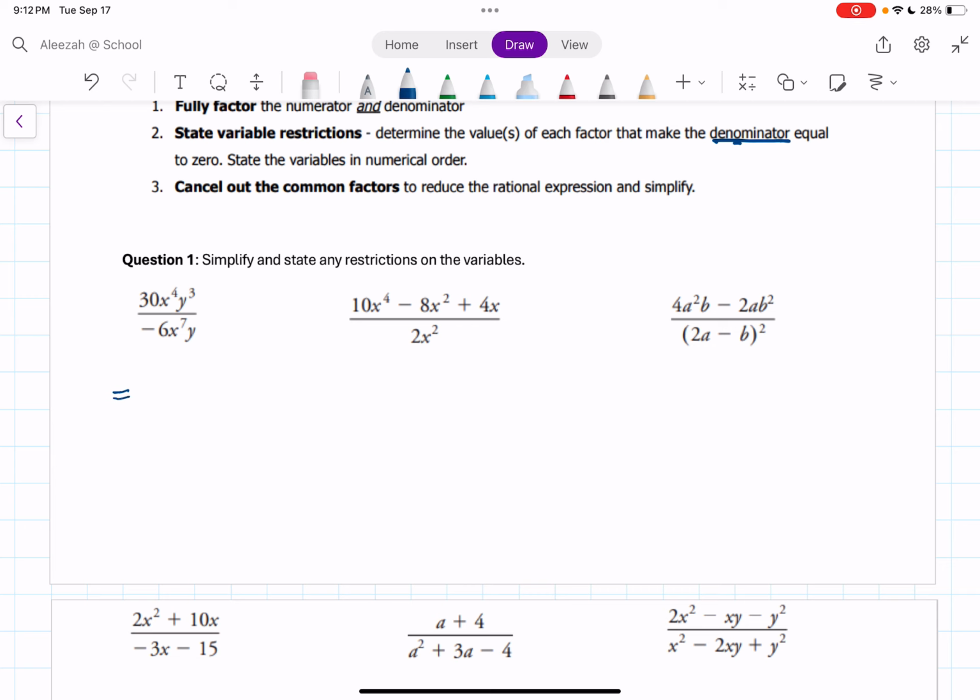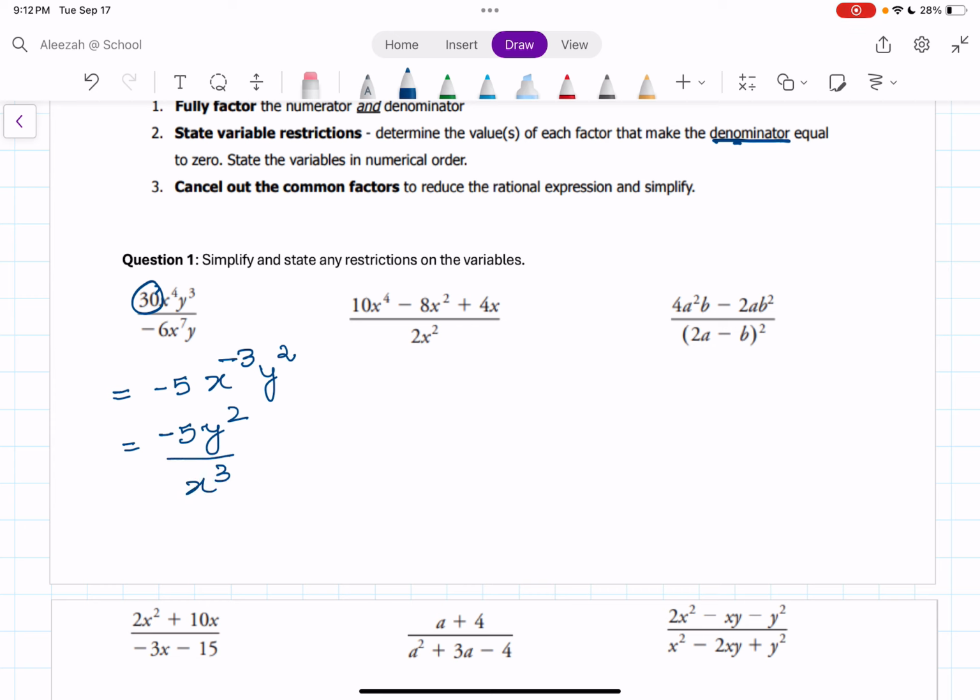So what we will do here is just look at the numbers, 30 and minus 6. 30 divided by minus 6 is minus 5, x4 divided by x7 is x to the minus 3, and y3 divided by y1 is y2. And you know that we cannot have a negative exponent in our final answer, so we will write it as minus 5 y2 divided by x3.